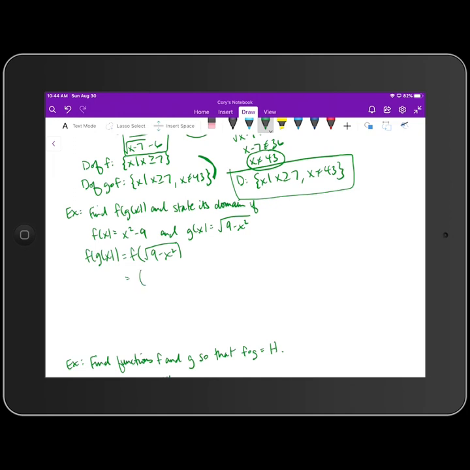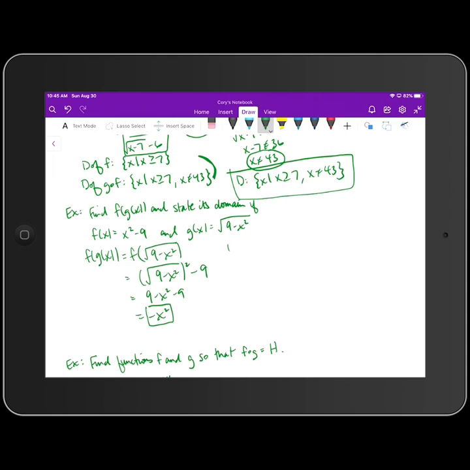So that's going to become the square root of 9 minus x squared, squared, minus 9, which is 9 minus x squared minus 9, which is negative x squared. Okay, so that's my composite function. Okay, we want to state the domain now.